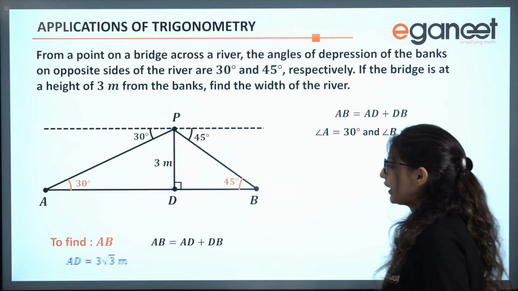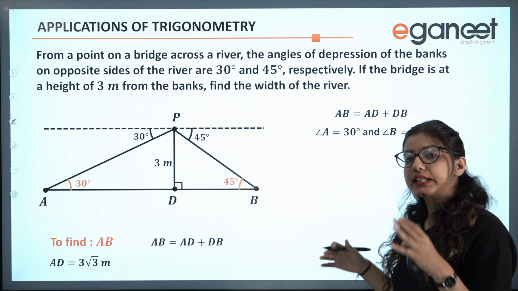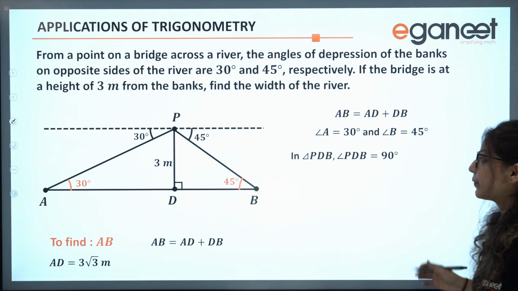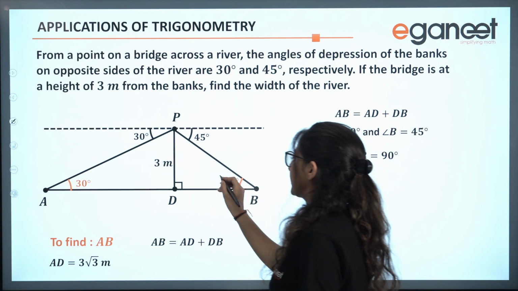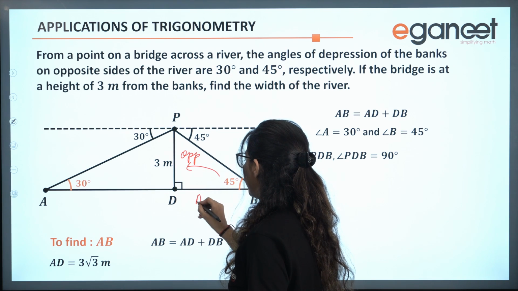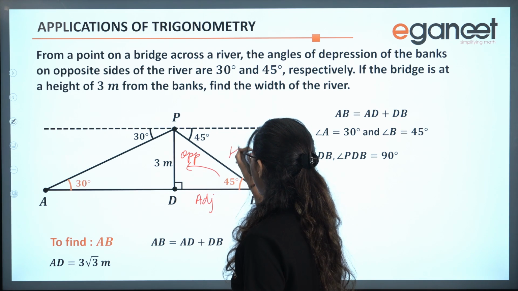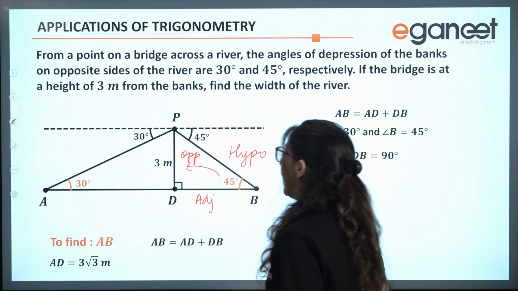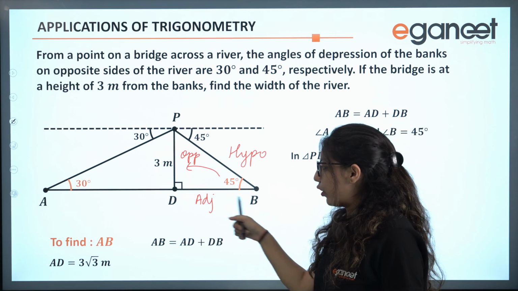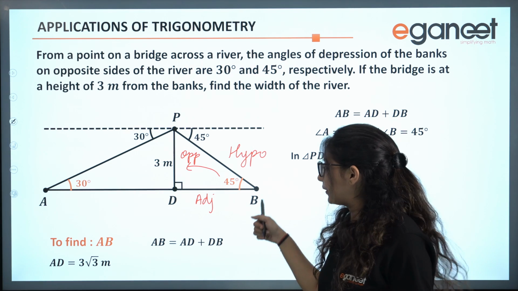So let us try to find it. So we are going to do the same thing with this right angle triangle, that is PDB over here. Now this is the opposite side and this one is adjacent and this one is hypotenuse. Again we are interested to find the side of adjacent side, right?